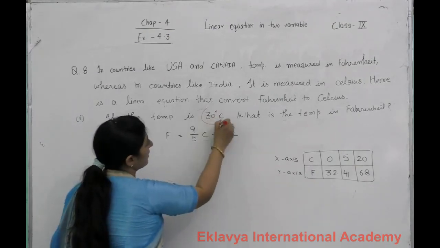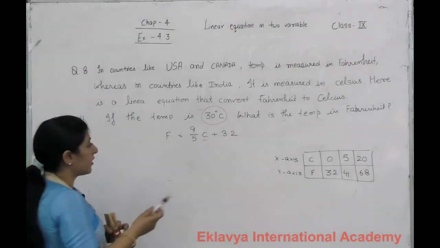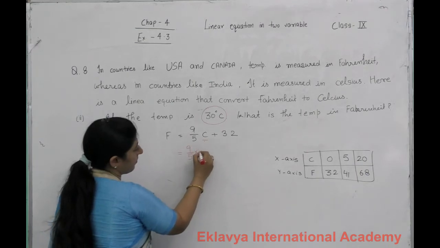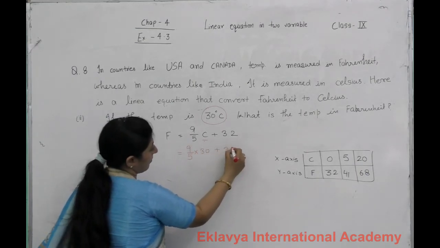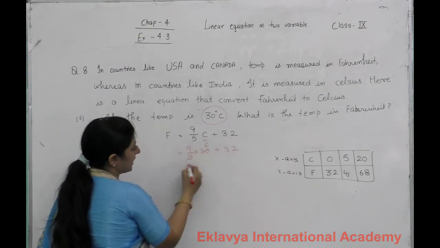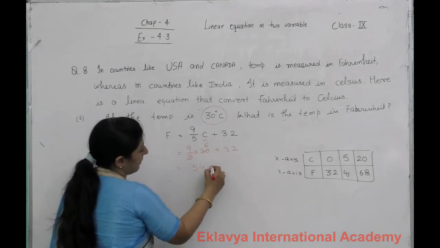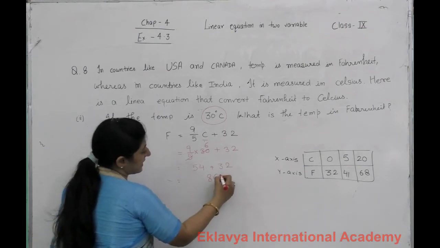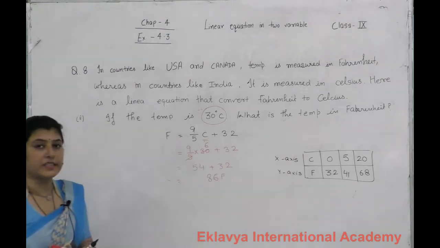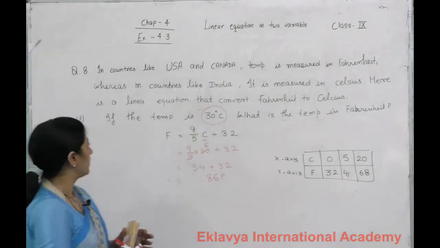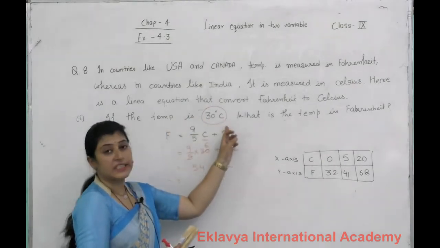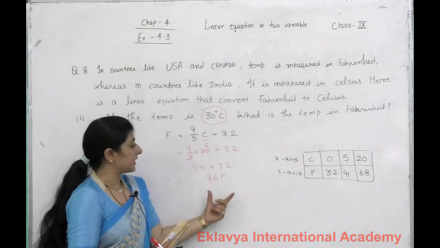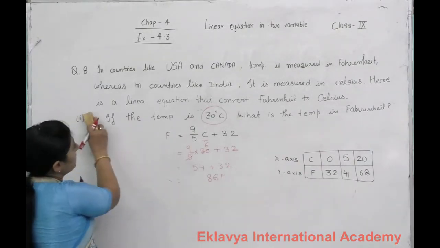Now put the value of C. 5 sixes are 30, 9 sixes are 54, plus 32, then you get 86 Fahrenheit. Your answer is 86 Fahrenheit. So if the temperature is 30 degrees centigrade, then the temperature in Fahrenheit is 86 Fahrenheit. Now see the next part.